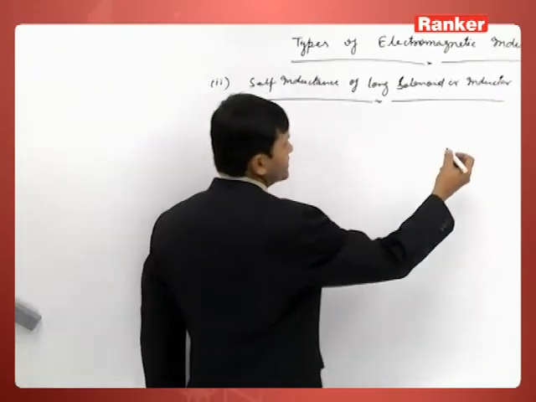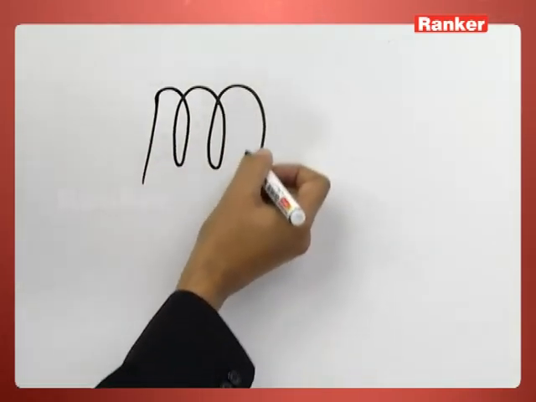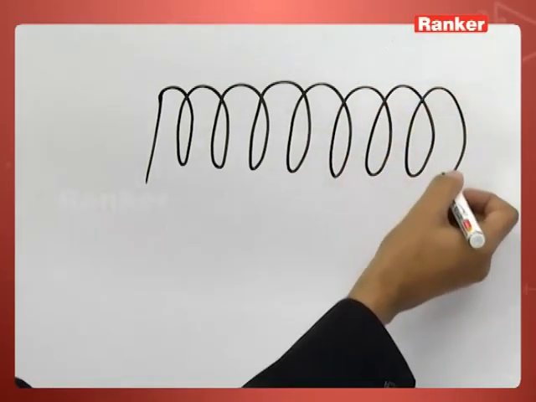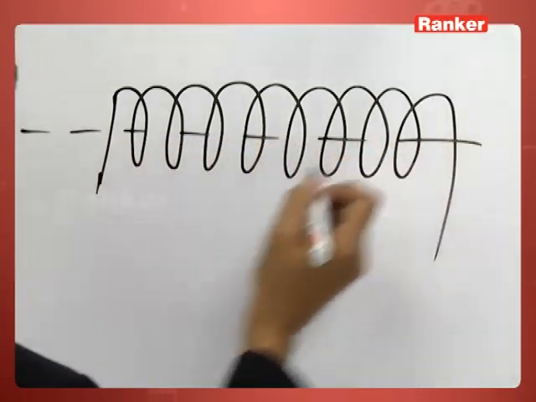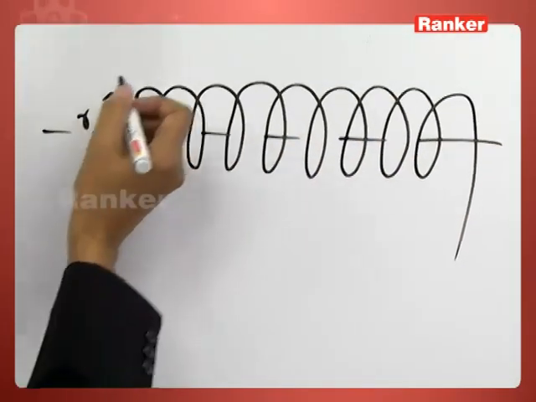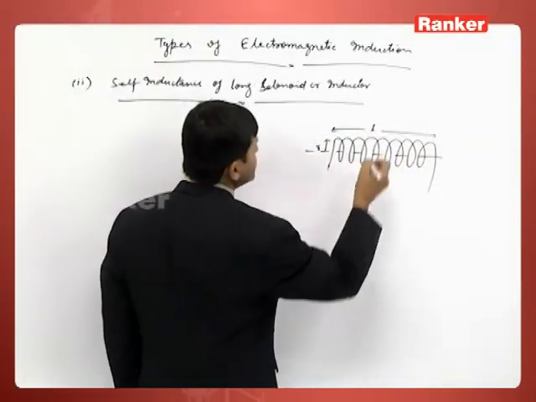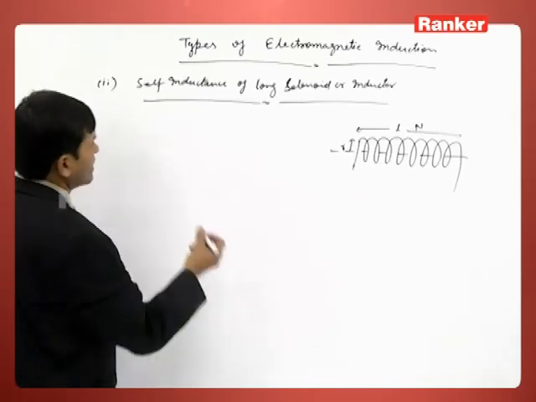So this is our solenoid. Here R is the radius of the solenoid, L is the length of the solenoid, and total N is the number of turns.